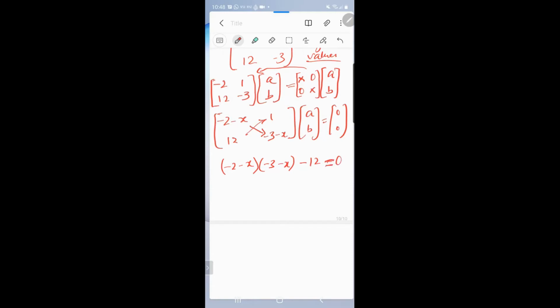Can someone simplify and solve this equation? I'll wait for you guys to solve this.